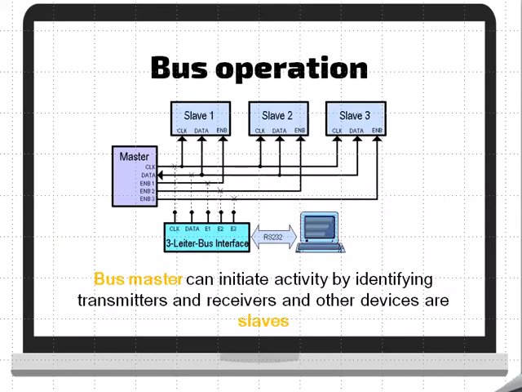So for the operation of the buses, in the processor, there's usually a bus master that can initiate activity by identifying the transmitters, or the device that will put the information on the data bus, and the receivers, which are the devices that will read the information from the data bus. Aside from the bus masters, the other components are referred to as the slaves.